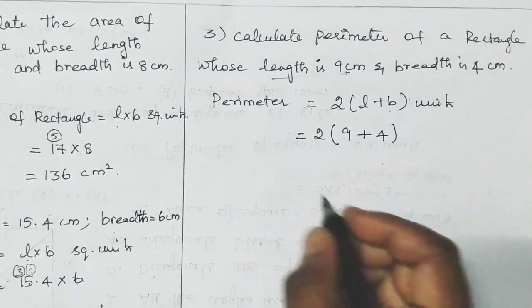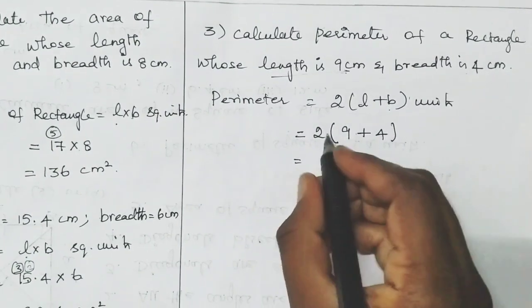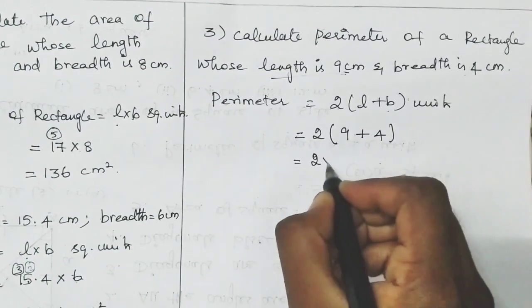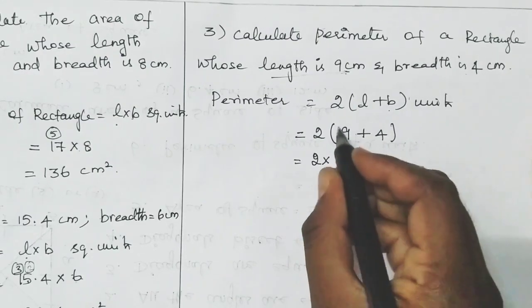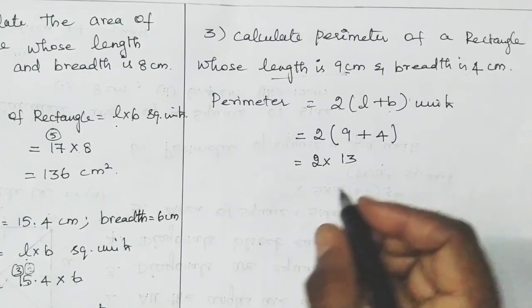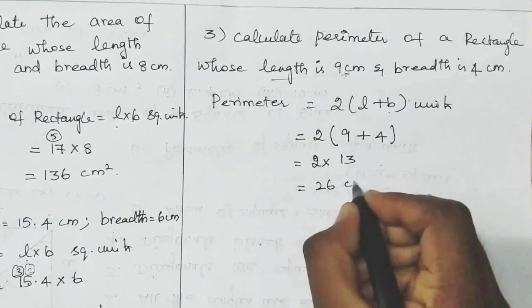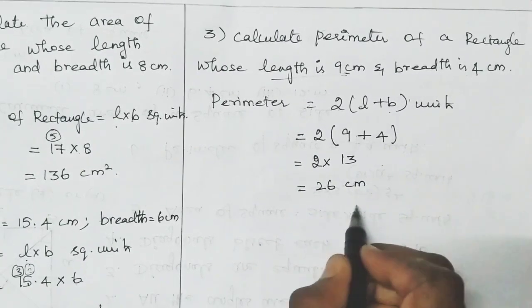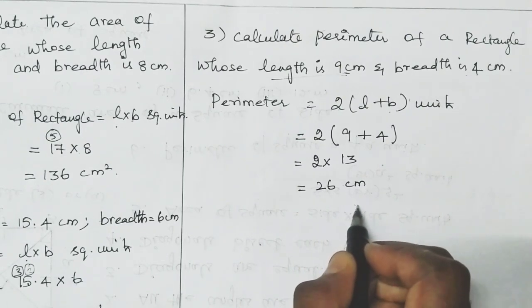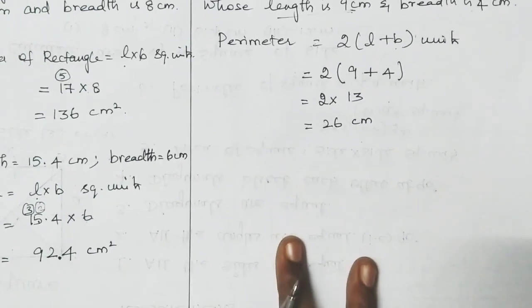So it is 9 plus 4, which is 13. So this is 2 into 13, the bracket means it is a product. 2 13s are 26 centimeter, units, not square units. 26 centimeter. We'll see one more subdivision.